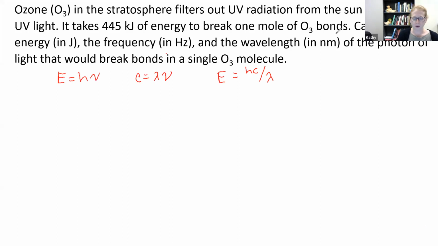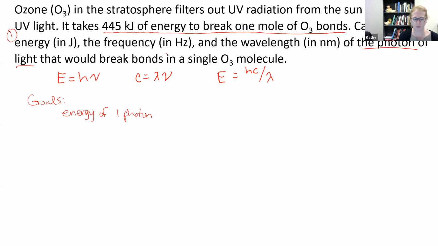And so here I see information, and this is one of our challenge problems, about the kilojoules of energy to break 1 mole of O3, ozone bonds. And I see 3 goals, right? Our goals are energy of the photon, so energy of 1 photon.